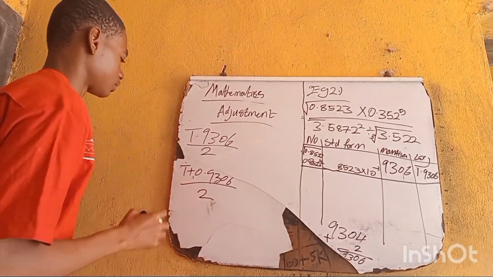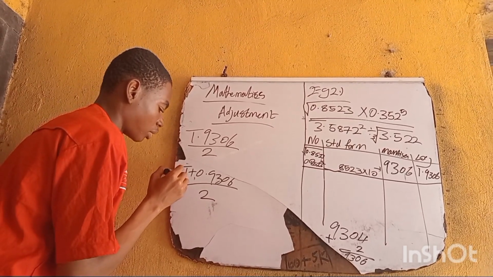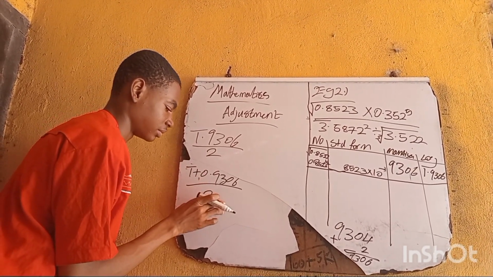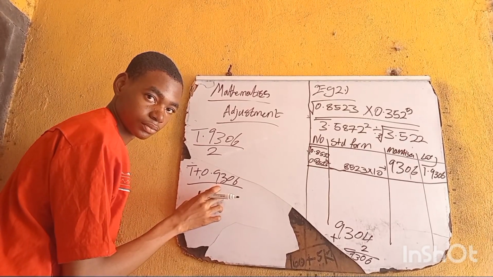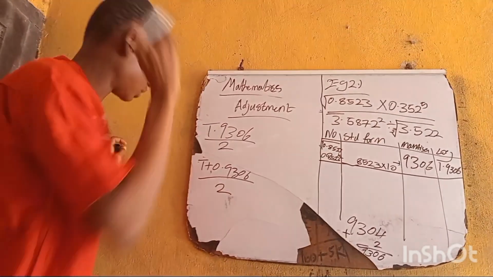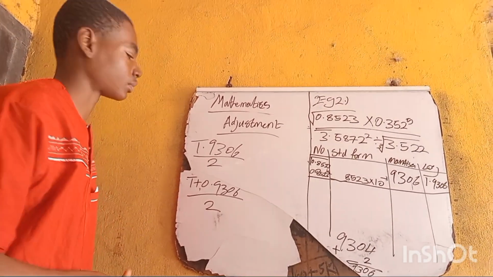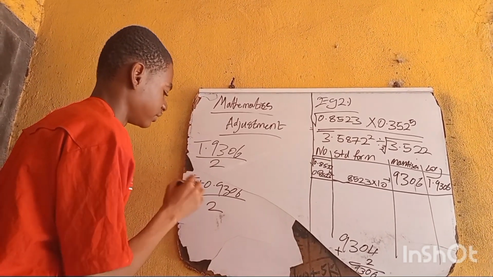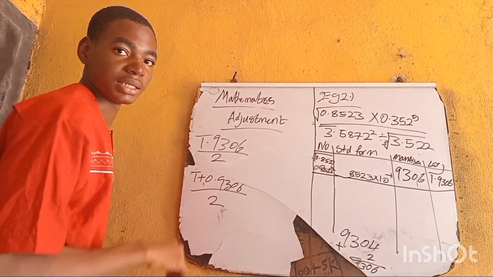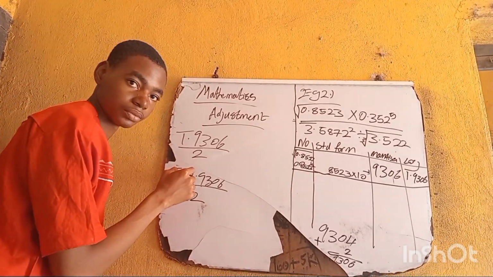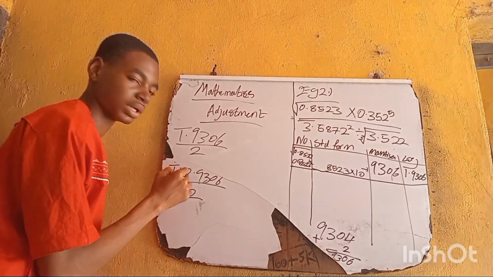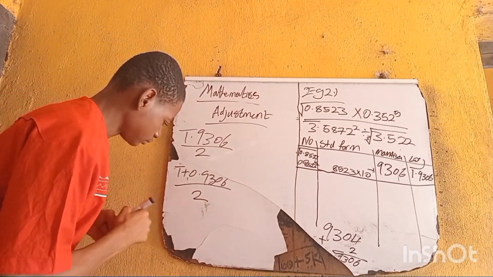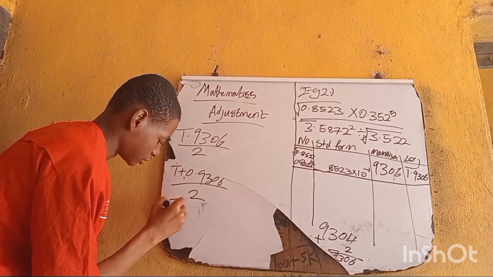Now, bar 1 cannot be divided by 2. Simply what you will do is add a number here that will make this number divisible by 2. The same number you add here is the same number you add there.